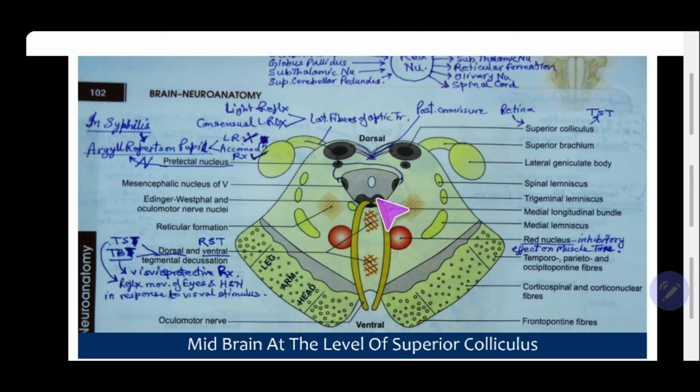So the Edinger-Westphal nucleus is a part of the oculomotor nuclear complex. These parasympathetic fibers will supply the constrictor pupillae and ciliaris. Okay, now look here, this has a very important clinical role. I'll tell you in detail afterwards.